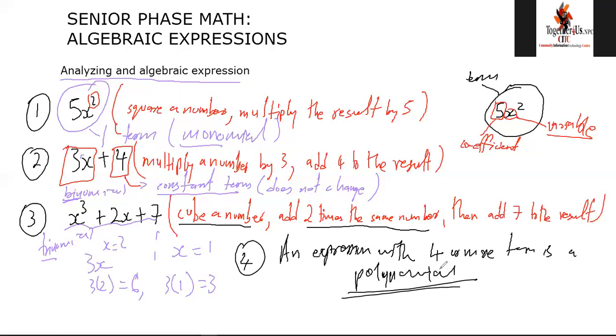Now, the word polynomial is a general word. In fact, these 3 expressions are also polynomials, but they are special polynomials. And you will see why they are special when we come to the talk of factorization. A binomial is just a special polynomial. A trinomial is also a special polynomial, and so is a monomial.